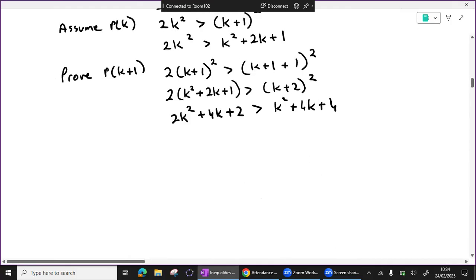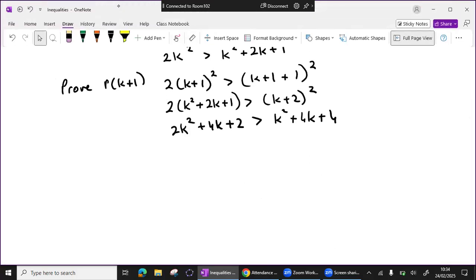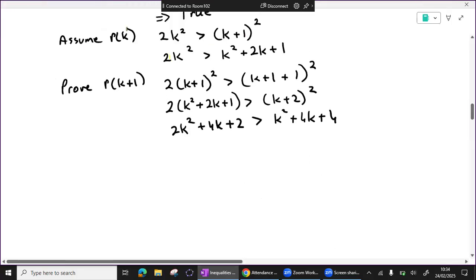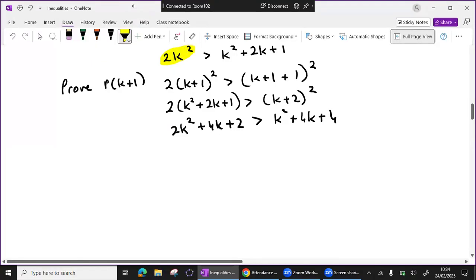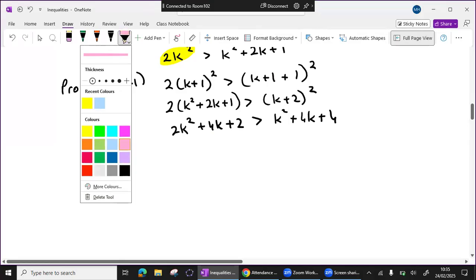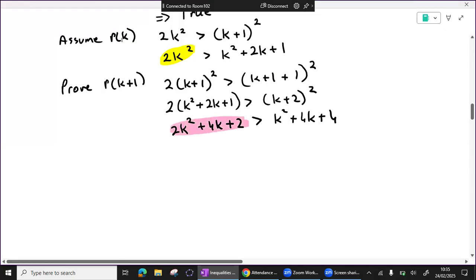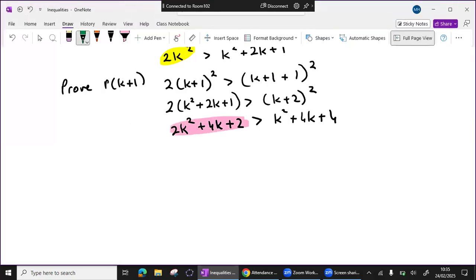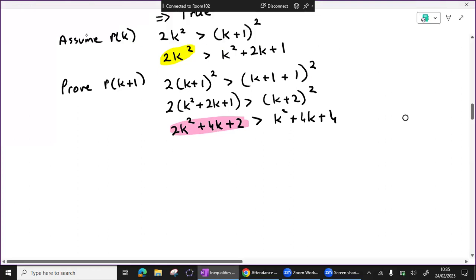So let's check out what our assume is and what our prove is. Where I have my yellow highlighter, that is my assume. But I would like my assume to look like my prove. So what's the difference between the assume and the prove? Well, it looks to me like I would need to just add a 4k plus 2.